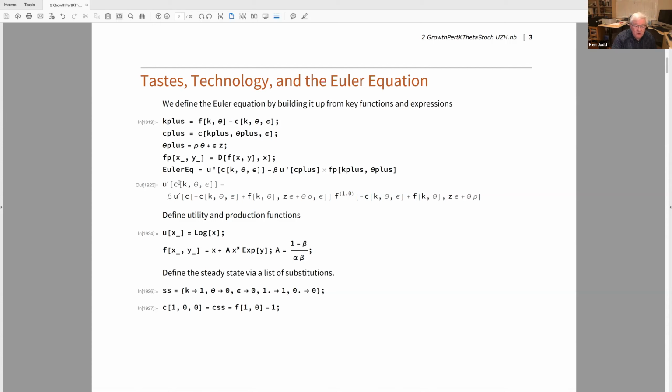The Euler equation says that if you're in the epsilon economy and today's K is K and today's theta is theta, then marginal utility of consumption today has to equal beta times marginal utility of consumption tomorrow, times marginal product tomorrow, et cetera. Now, this may look odd to you, because what you're used to seeing is marginal utility of consumption today equal to the expectation of stuff tomorrow.